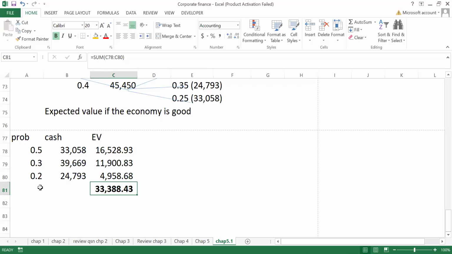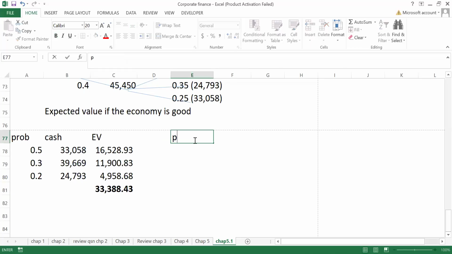What do you mean? We are lost, because we are looking at the probability of having good cash flows in the second year, given good cash flows in the first year. That's a conditional probability.